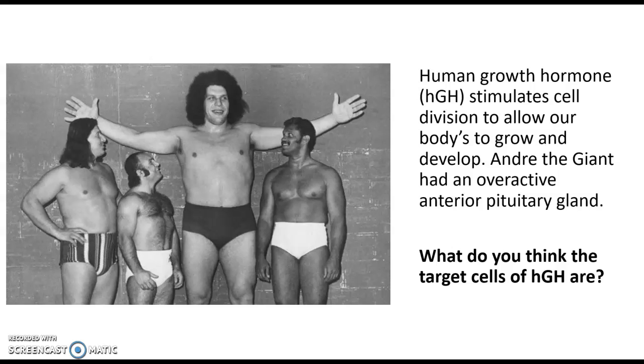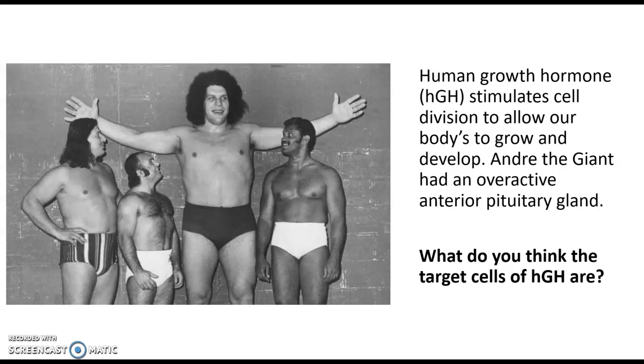But if a body produces too little human growth hormone, that will lead to a condition called pituitary dwarfism. And if too much human growth hormone is produced or doesn't stop being produced after adolescence, the condition becomes gigantism, where the person is larger than the average individual.